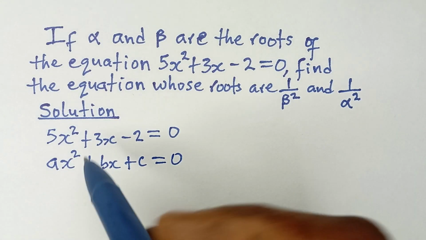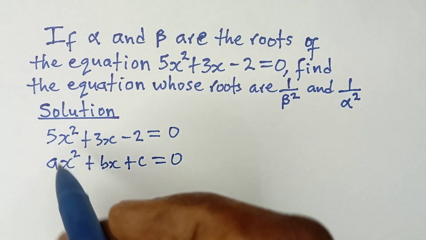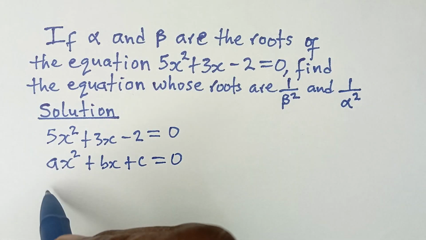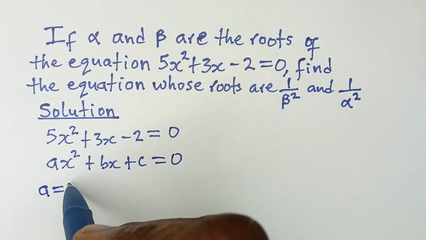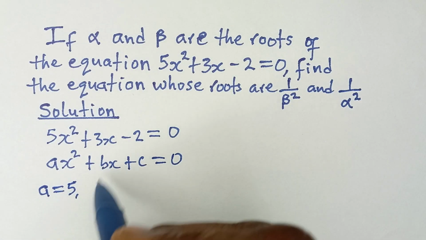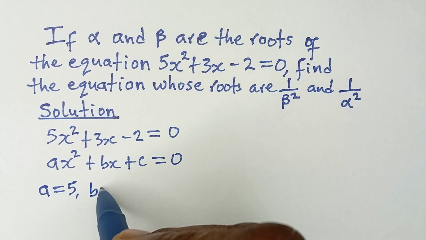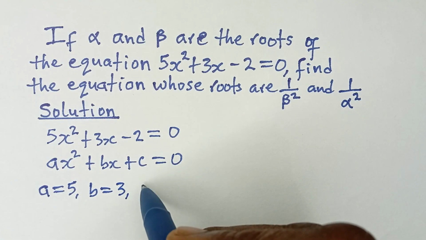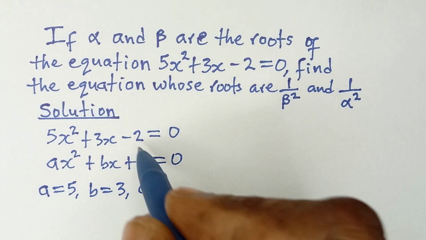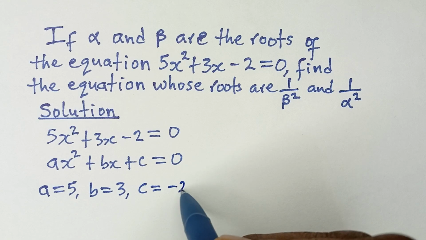Now, if we compare these two equations, we'll find out that the value of a is equal to 5. The value of b is equal to 3. And the value of c is equal to negative 2.